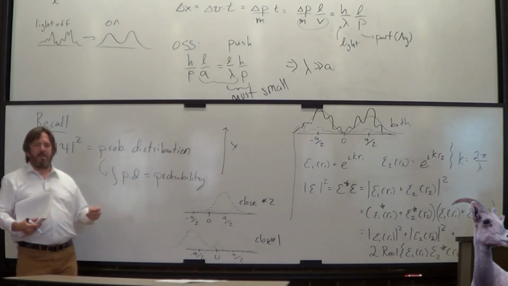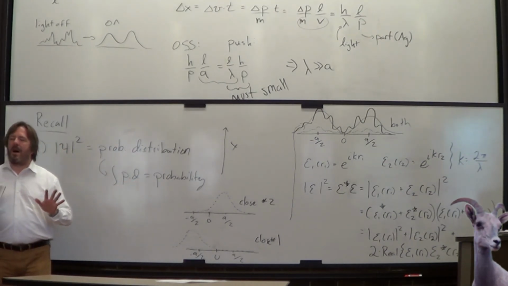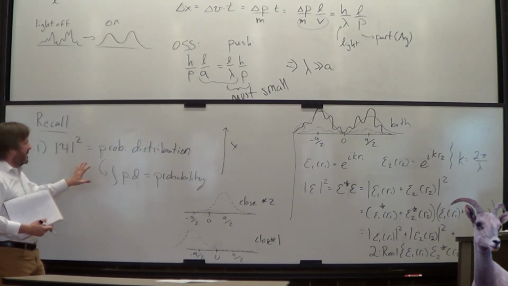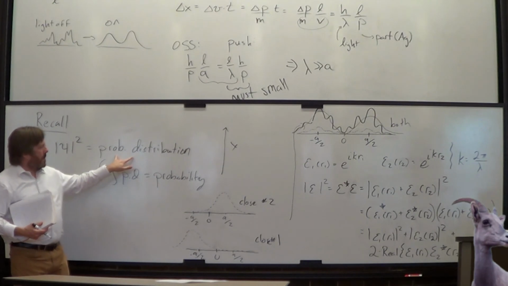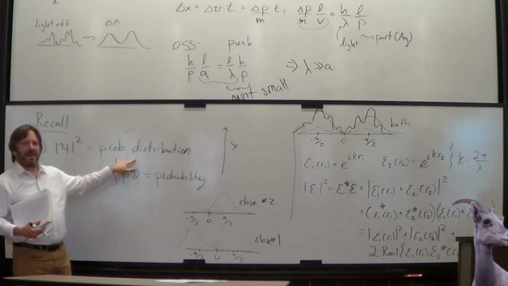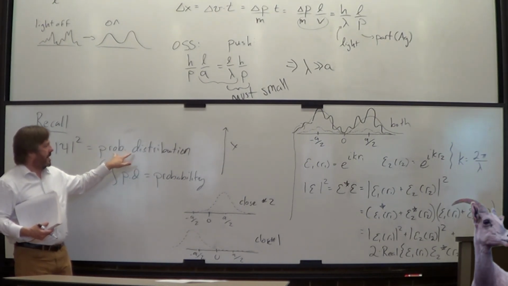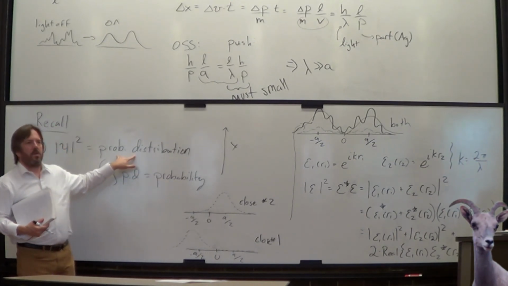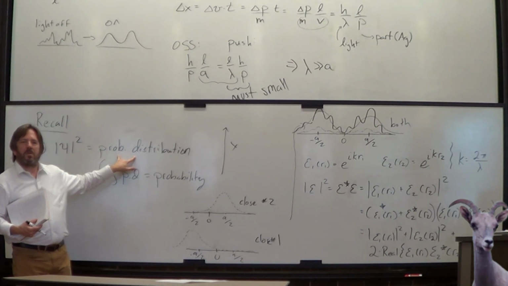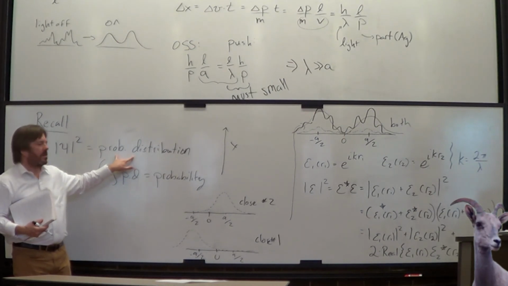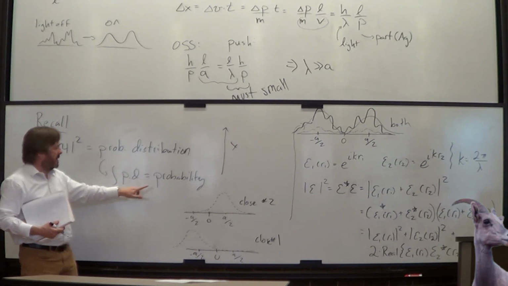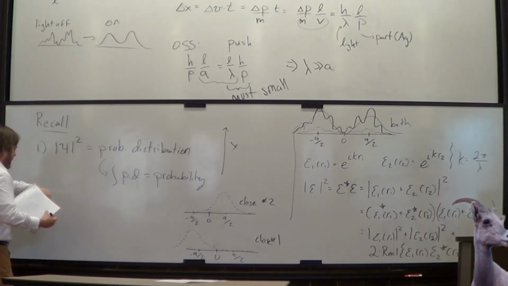Probability distributions and probabilities really have a lot in common. You can think of them the same way. It's just that by itself, it's just a function. And if it's integrated, you'll get the number 1.0, which means that if you consider all possibilities, then you're going to get something. So when you integrate a probability distribution, you get 1.0.